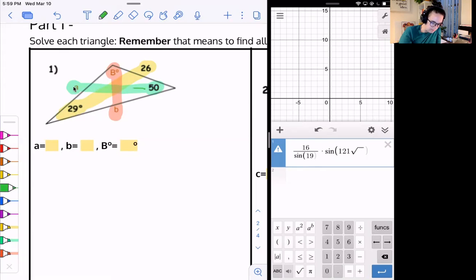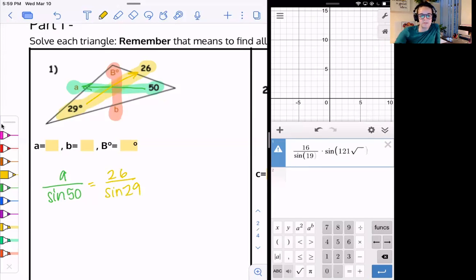So I'm going to use this one here, A over sine 50, right? That's something that I can solve for. And then I don't need to solve any part of this one, is equal to 26 over sine 29, like that. So I have A over sine 50 equals 26 over sine 29.